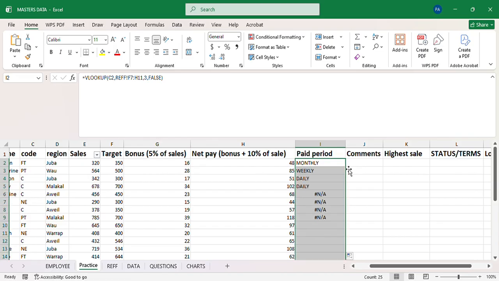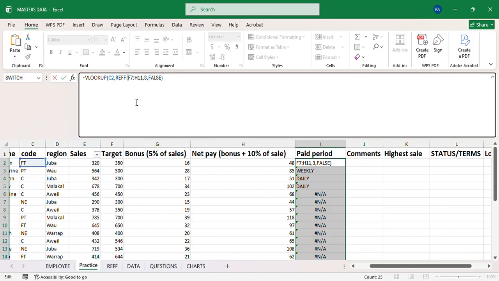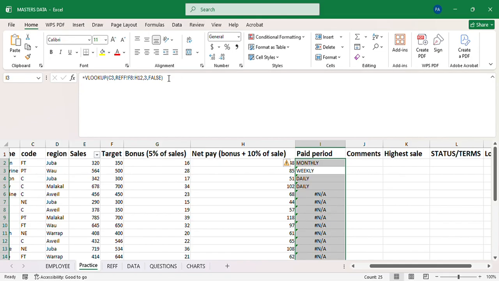If you double tap, you will see there are some errors like this one. So you have to come back to the formula here and put a dollar sign before F where you have the reference, and also put a dollar sign before H, so that you do absolute referencing, and then say equal.